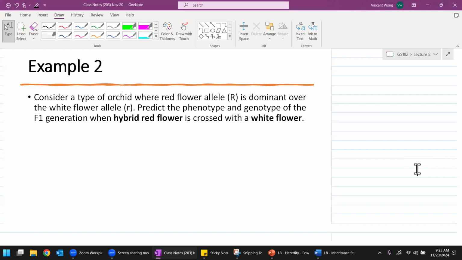Different. So hybrid red would be big R, small r. That's right. What about white? Small r, small r. So now cross means cross. So big R small r cross small r small r. Okay.